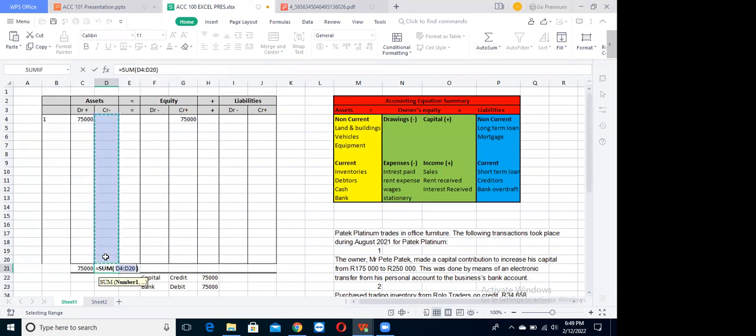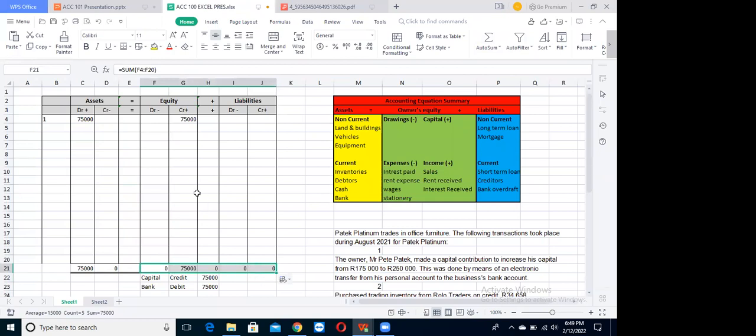Our equation should stay in balance. As long as it is in balance, then we know we are doing it right by the accounting profession.